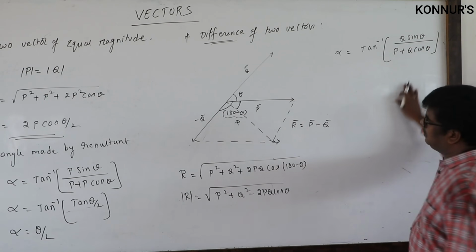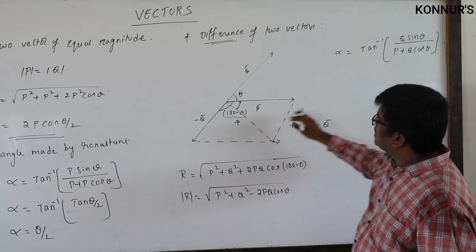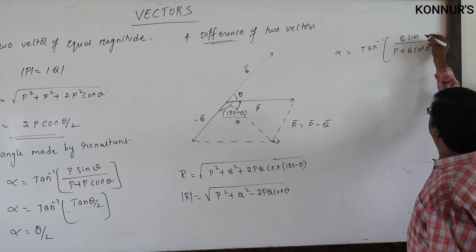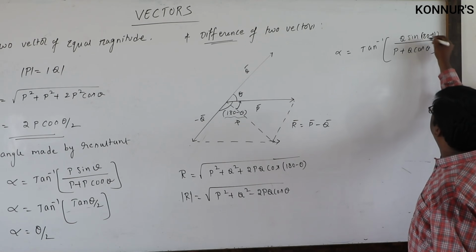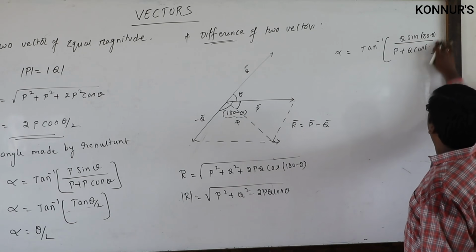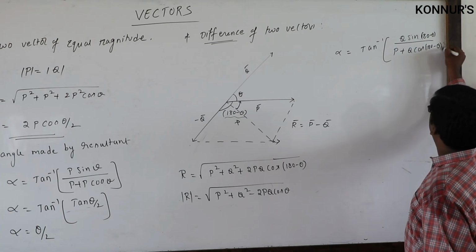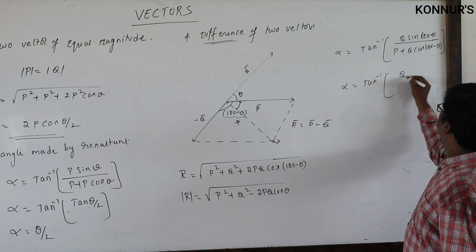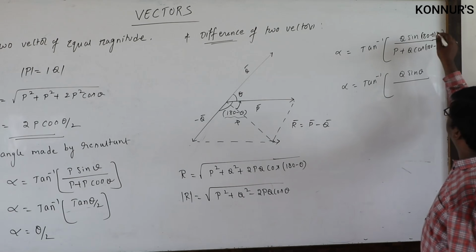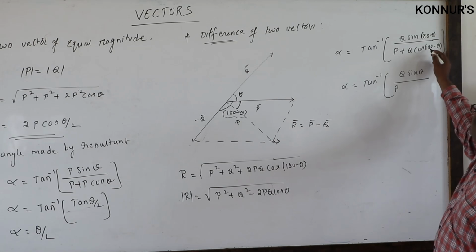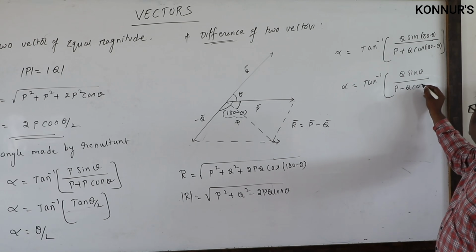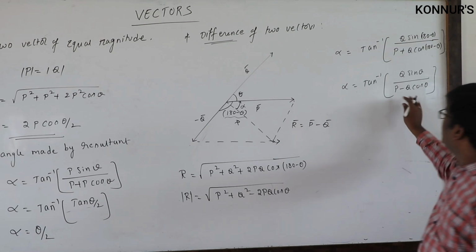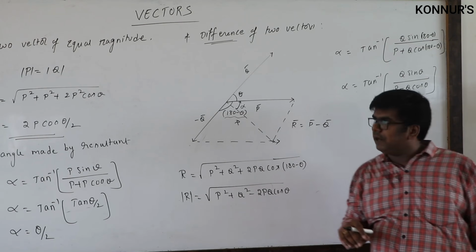The only change is that we replace the angle with 180 minus theta. Then you get tan inverse of q sin theta by p minus q cos theta, because sin of 180 minus theta is sin theta only, but cos of 180 minus theta is minus cos theta. This is the angle made by the resultant with p when you take the difference of the vectors.